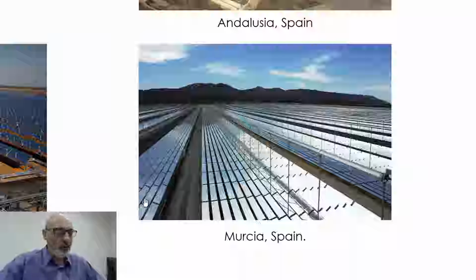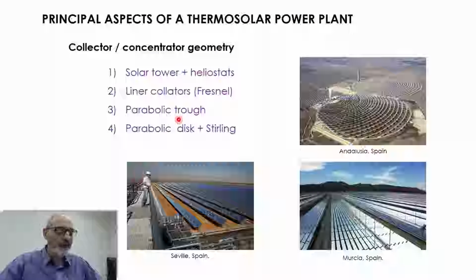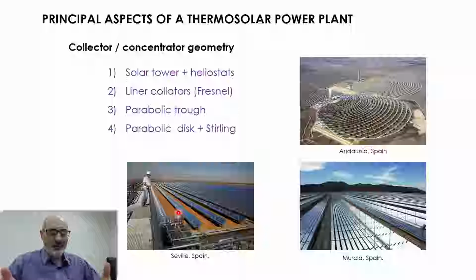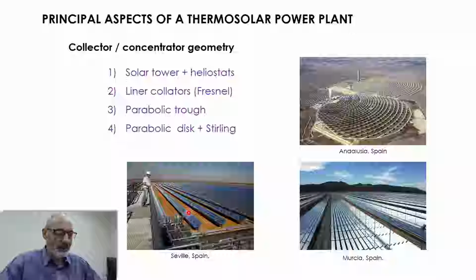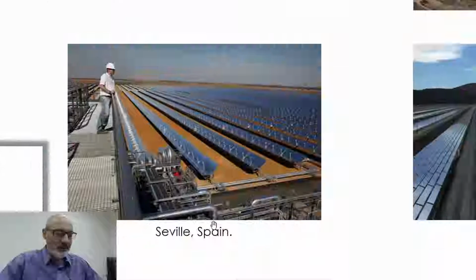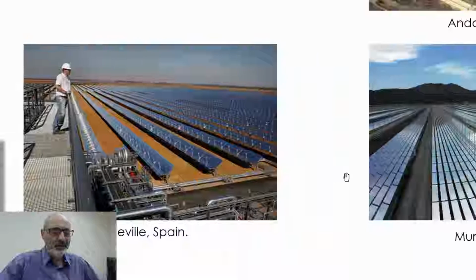You also may have what we call a parabolic trough. Trough in Portuguese, we use the word calha, or cocho as for the cattle. So let me focus here in order for you to see. The difference is that you don't have a series of flat mirrors.